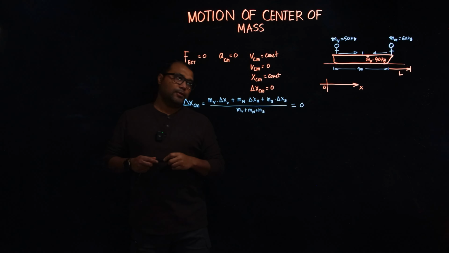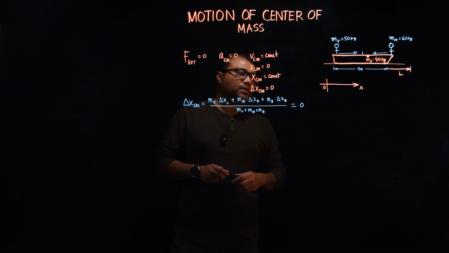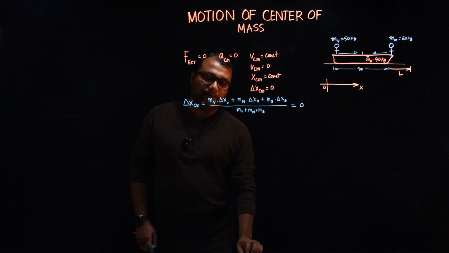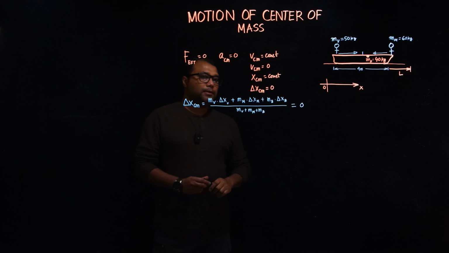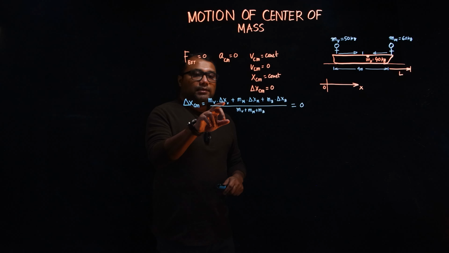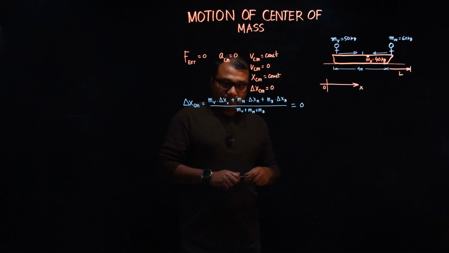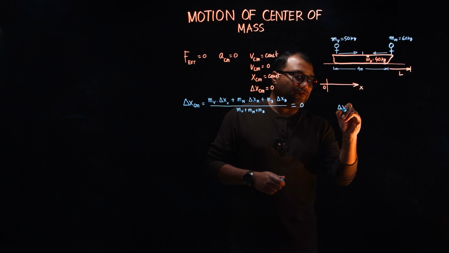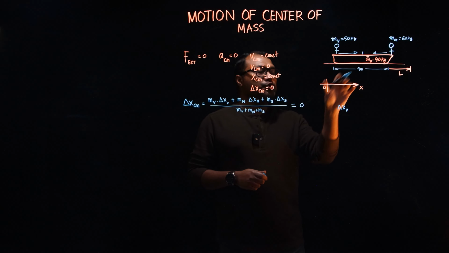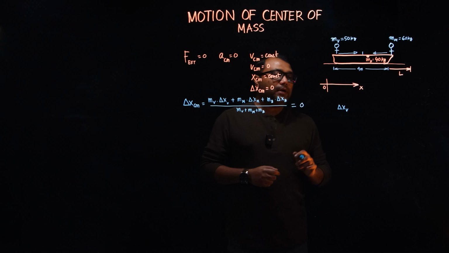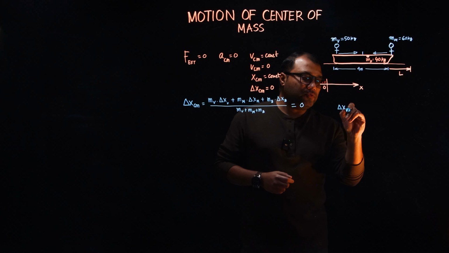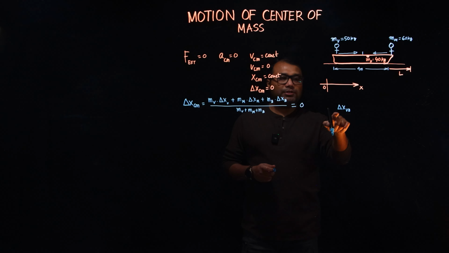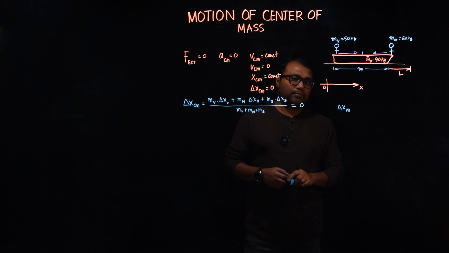Okay. I should have just lined this up, but think that the origin is at the end of the boat. Now, there is a little bit of catch here. This delta xv, let me write that down. Delta xv, we are saying it's 2 meters, but it is with respect to the boat. So let's write that change in position of v with respect to boat.